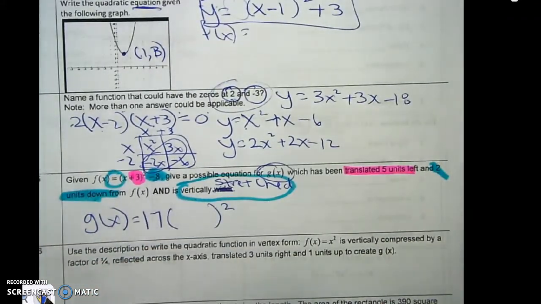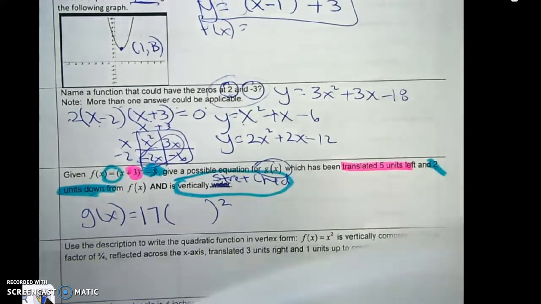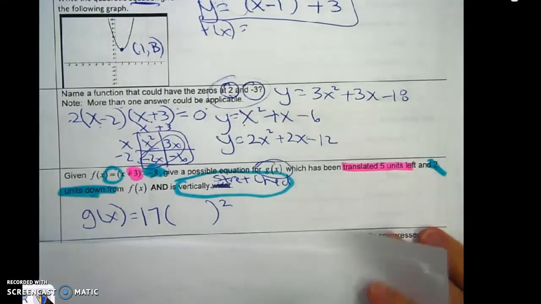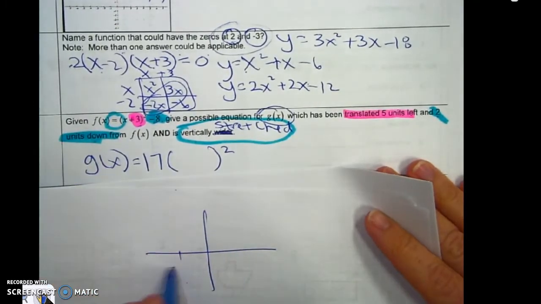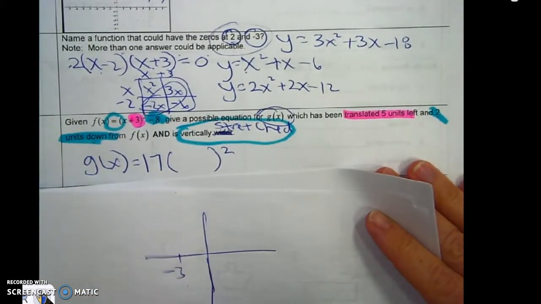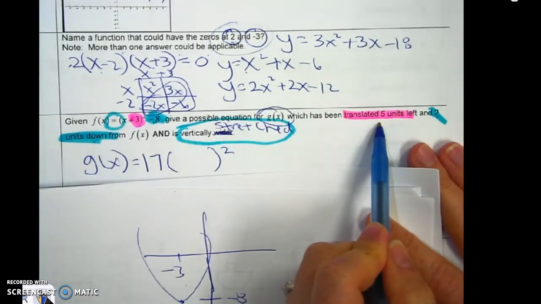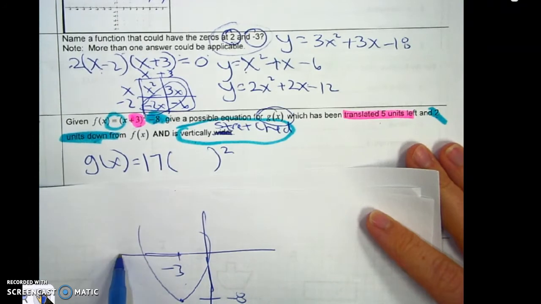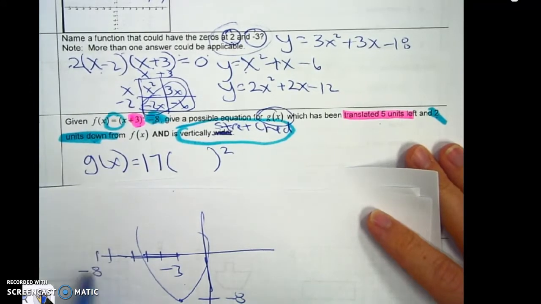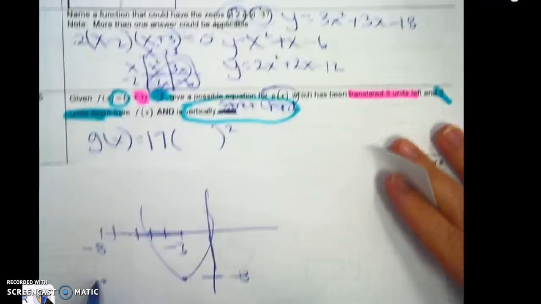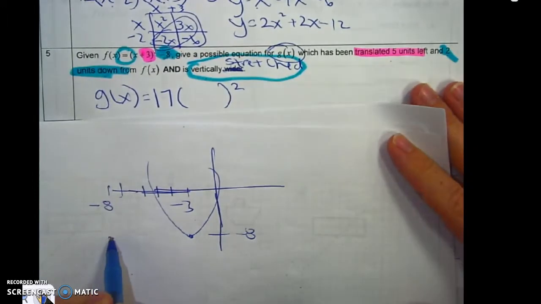Okay? Now, some of us are visual learners, so I just want to show you visually, and then you'll get to see it algebraically. So if I graphed this, this would be the vertex, negative 3, negative 8. It's saying go 5 to the left. So if I took this and I went 5 this way, negative 4, negative 5, negative 6, negative 7, negative 8. That means it's actually over here, sorry about that, left 8.